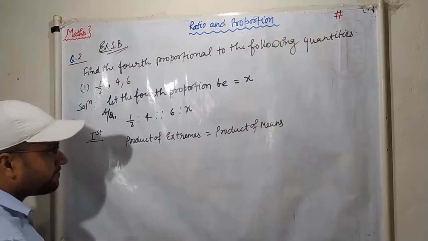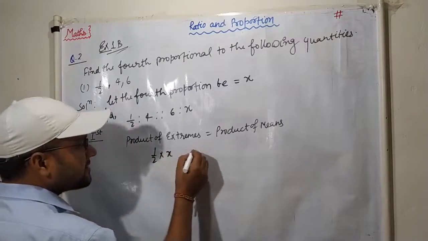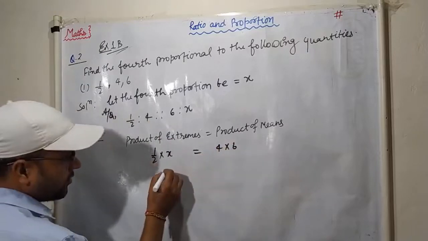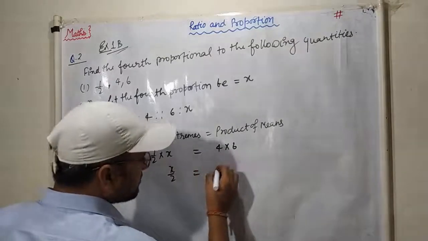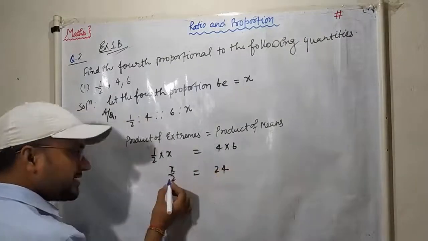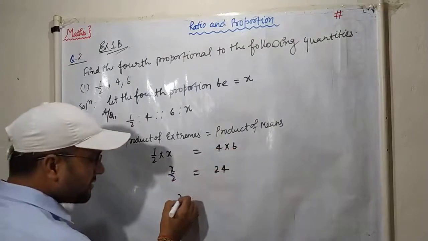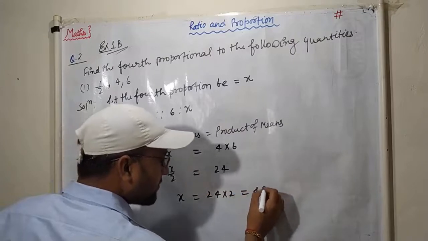So 1/2 multiplied by x is equal to 4 into 6. So what you will get, x upon 2 is equal to 6 4s are 24, students. Here 2 is in the form of a division. If it goes to the right side, division changes into multiplication. 24 multiplied by 2, you will get 48.